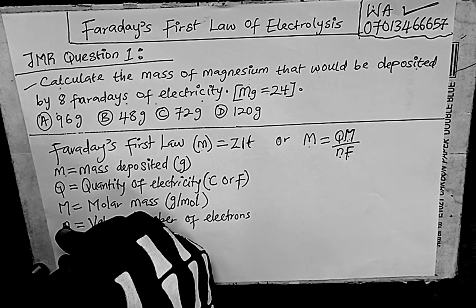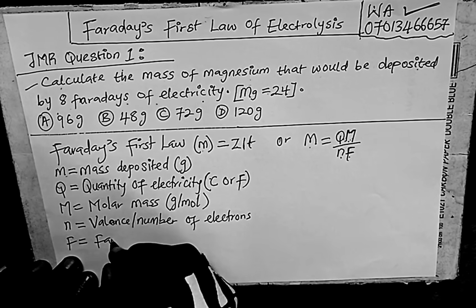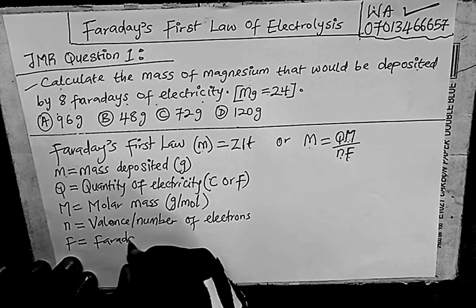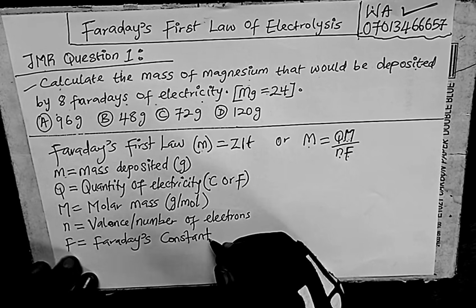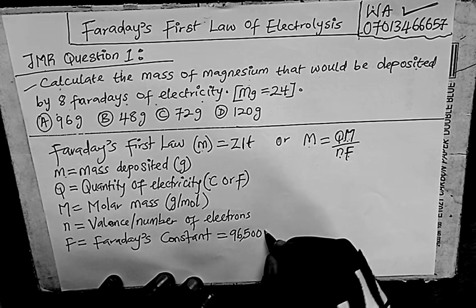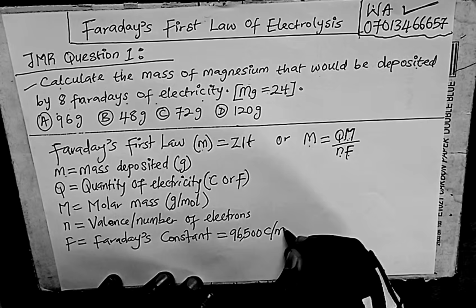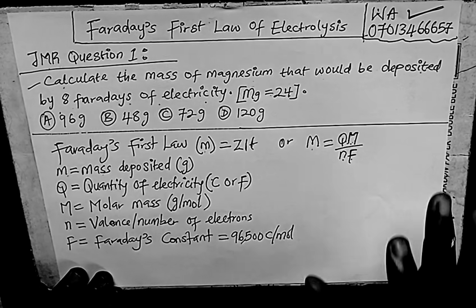The final one is F, Faraday's constant, which is equivalent to 96,500 coulomb per mole. So this is the formula, and I have explained what everything stands for.